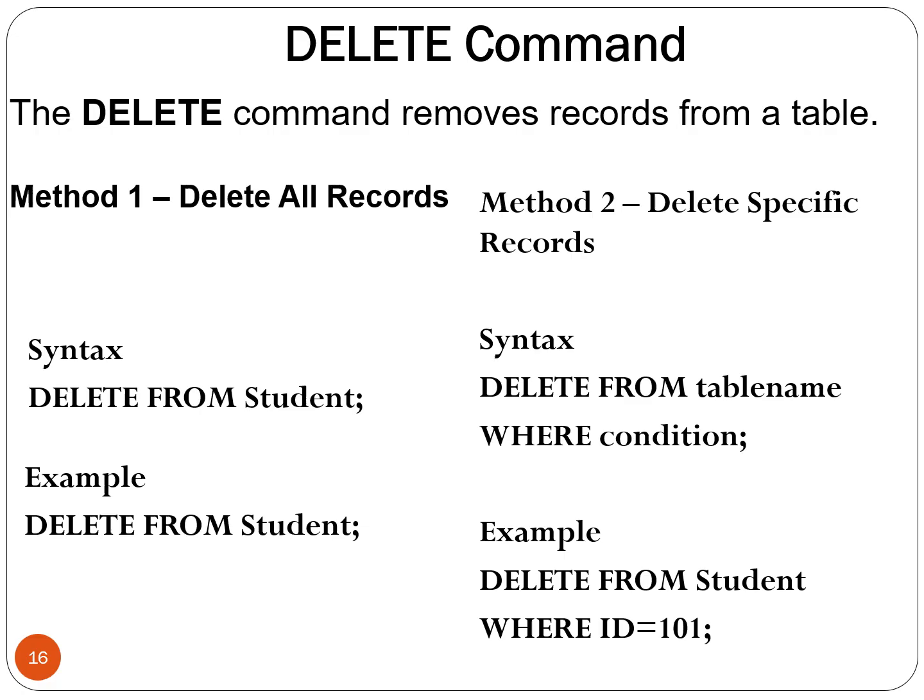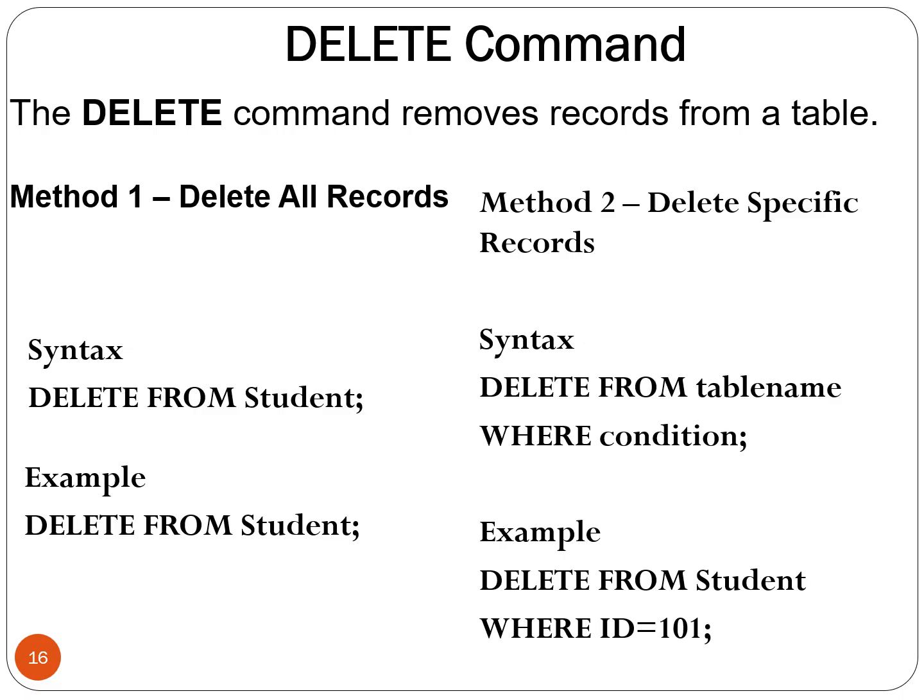The delete command is used to remove records from a table. Method 1, to delete all the records. For example, delete from student removes all the records from the student table, but the table itself remains. Method 2, delete specific records.